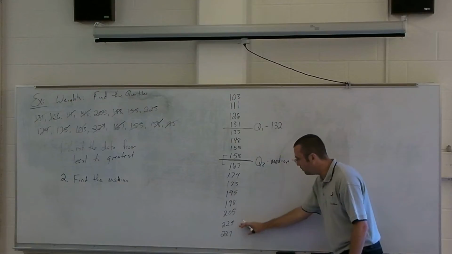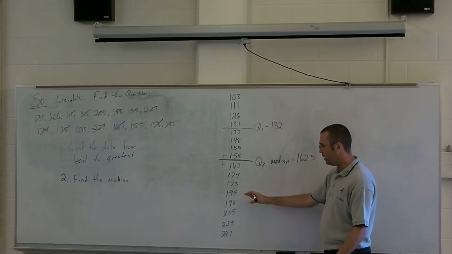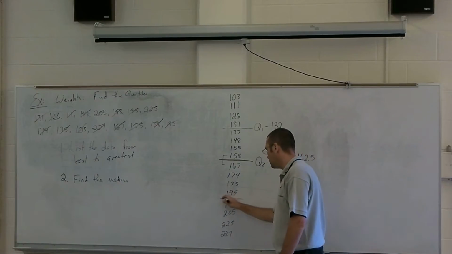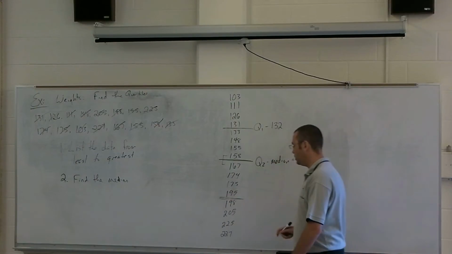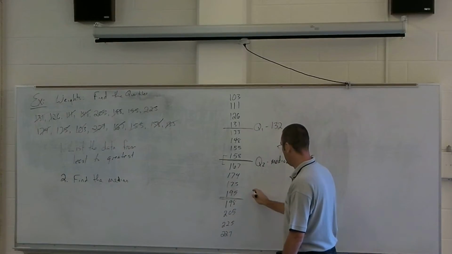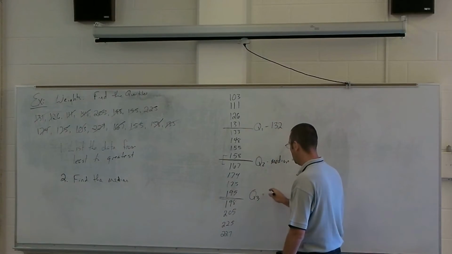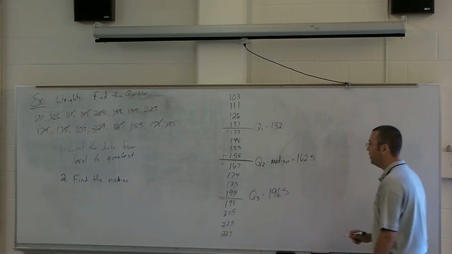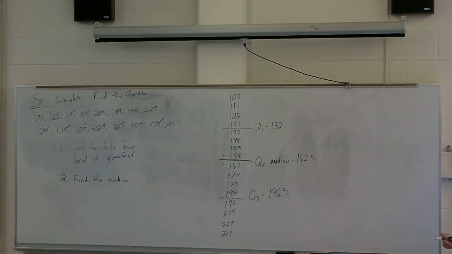Do the same thing here for Q3. Again, Q3 is going to be the halfway point of this collection of data, which again is going to occur right there. That ends up being 196.5. And there are our 3 quartiles.